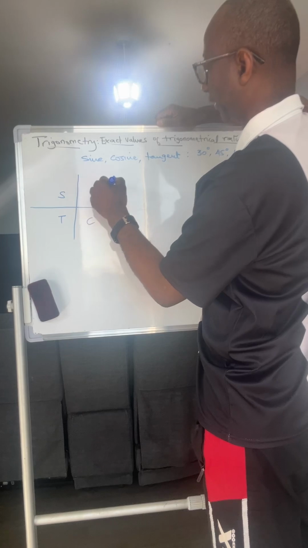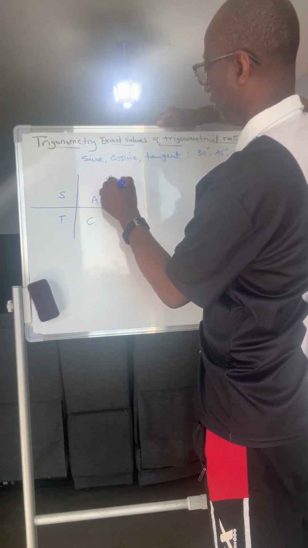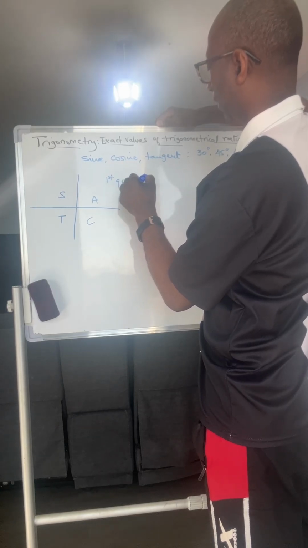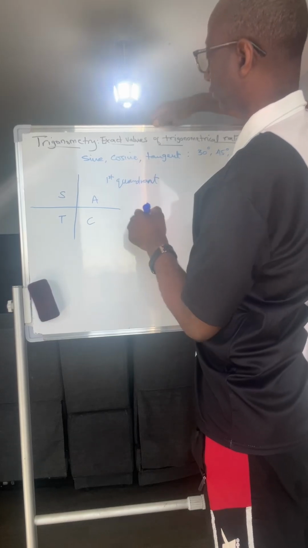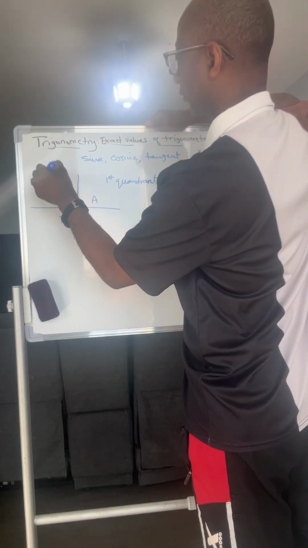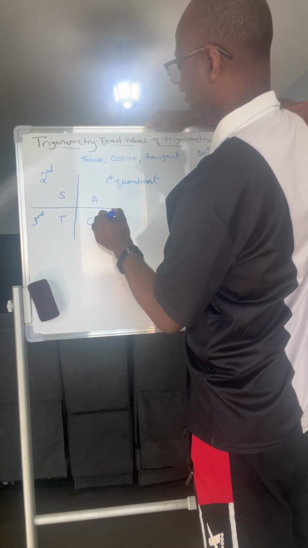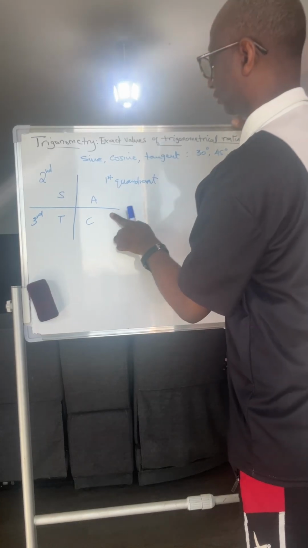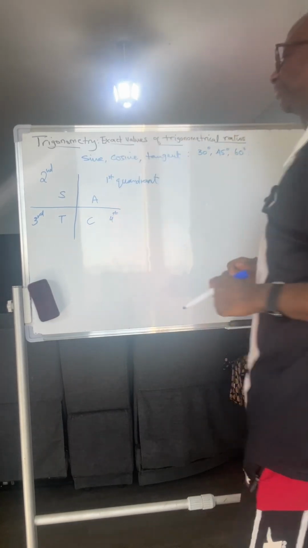This side here is called your first quadrant. This is your second quadrant. This is your third quadrant, and this is your fourth quadrant. That is when you divide the circle into 4 equal portions.